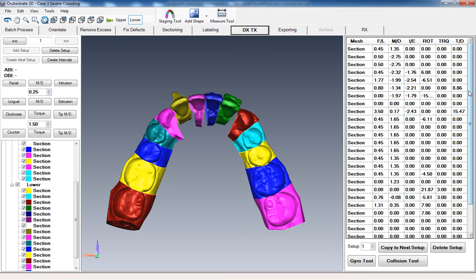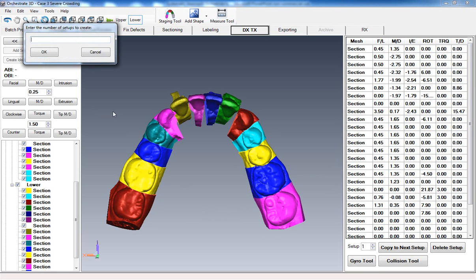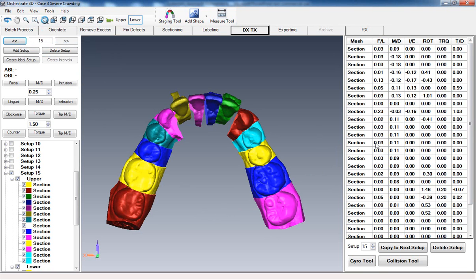It looks like we've got 21 degrees of rotation here, and then 15 and a half degrees of tipping, and I only like to tip a tooth at 1 degree per setup. So that's probably going to be the case limiting factor. I'm going to click on create intervals, enter 15, click OK, and review all of our parameters.